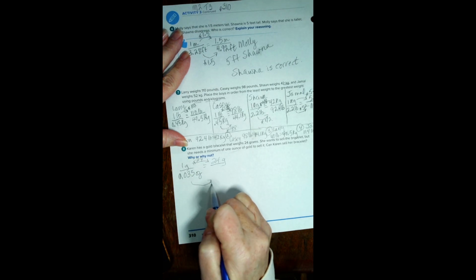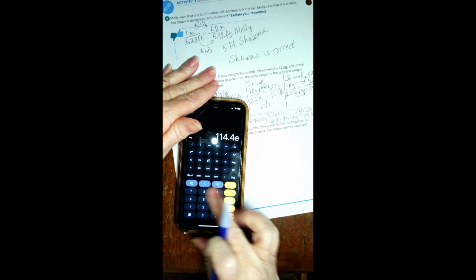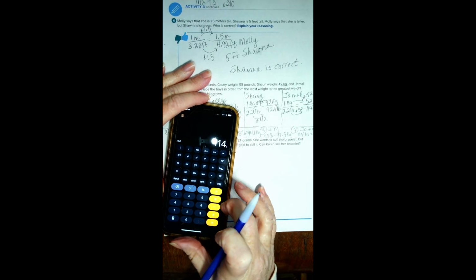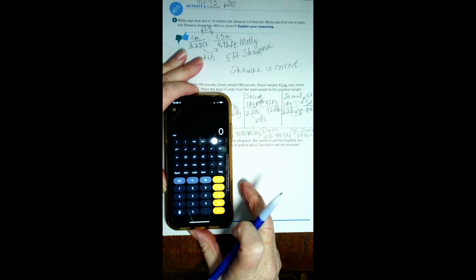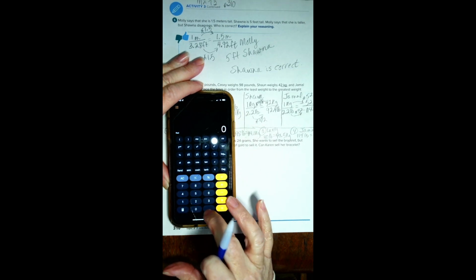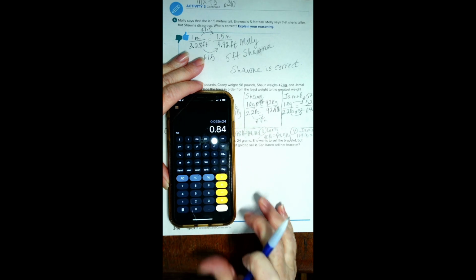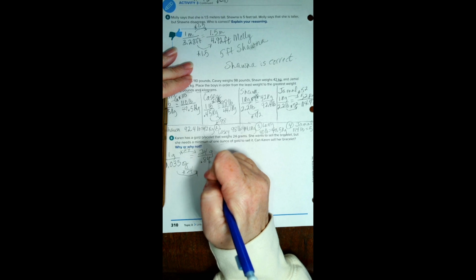So 0.035 times 24, 0.84. So she has 0.84 ounces.